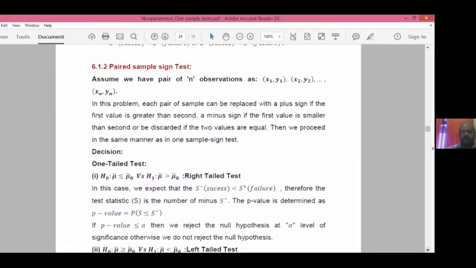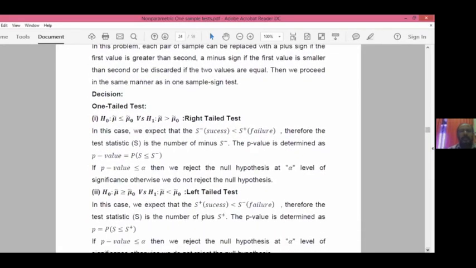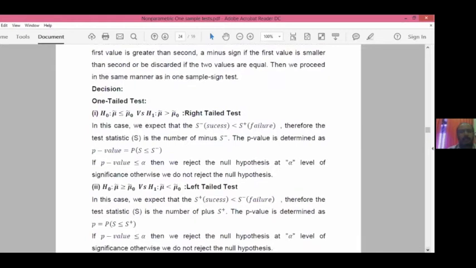Now the decision. In this case, we expect S minus, the successes, to be less than S plus, the failures. Therefore, the test statistic S is the number of minus signs. The p-value is determined as the probability that S is less than or equal to S minus. If the p-value is less than or equal to alpha, we reject the null hypothesis at alpha level of significance.